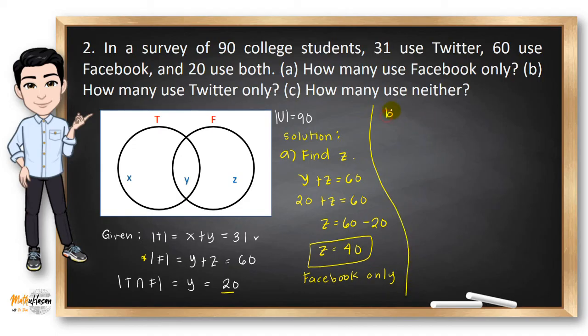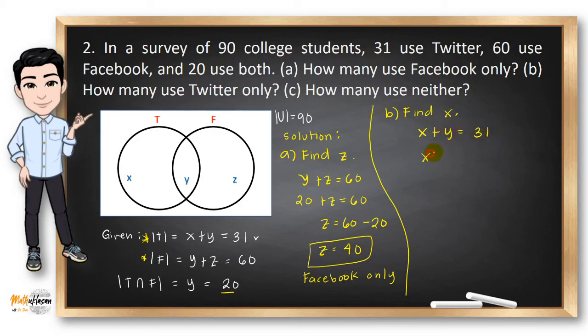Now for letter B, we need to find the number of students who use Twitter only. So here, we are looking for X, as can be seen here on the left side region. For this one, I'm going to use this equation, because here we have X plus Y equals 31.